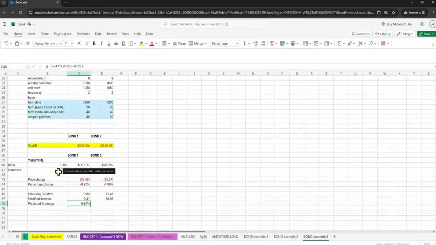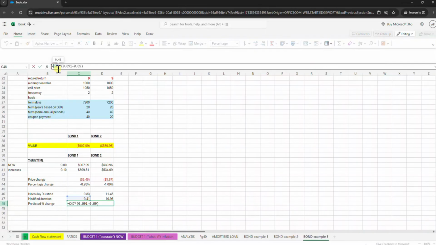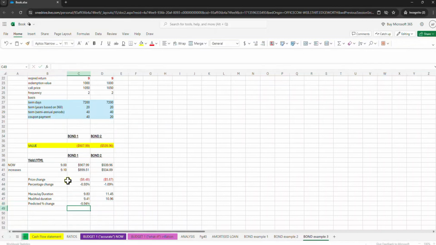The change in price was positive. If interest rates increase, then we would expect bond prices to decrease. Does it make sense? So we need to put a minus here. So it's minus cell C47 times the change in rates. There we go. Is that all right?